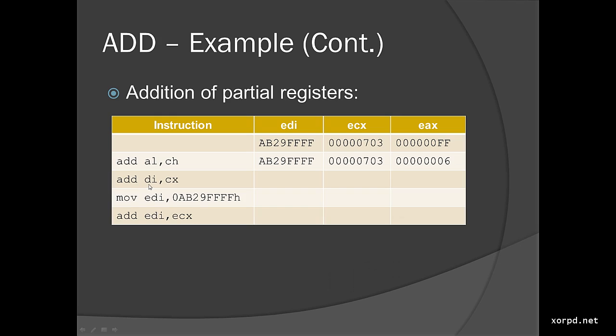Next one, add DI, CX. DI is the lowest part. Actually, DI equals FFFF. And we are going to add CX, the part here, the lowest 4 nibbles. So we are going to add these two parts, and again, the addition will be only constrained to 4 nibbles, or to 16 bits.